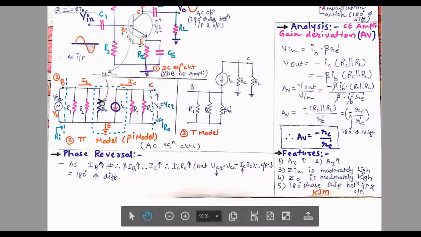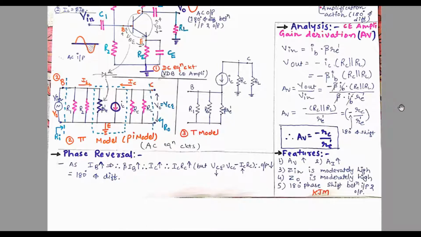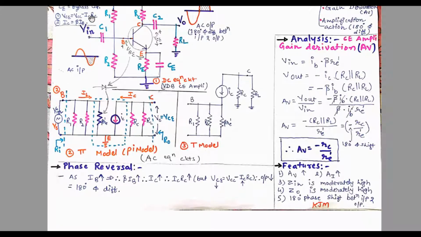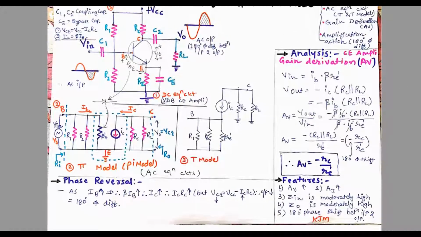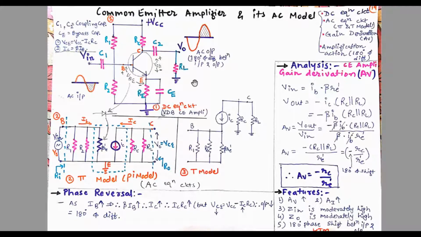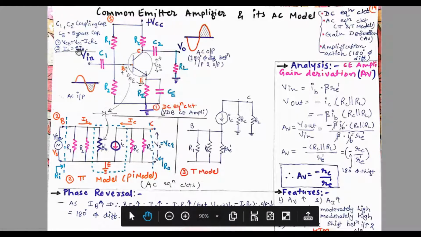Let me explain again. All of us know that VCE equal to VCC minus ICRC. Look at this. As input is applied to this base terminal of the BJT or common emitter amplifier, we can explain that IB increases. Input current IB increases.